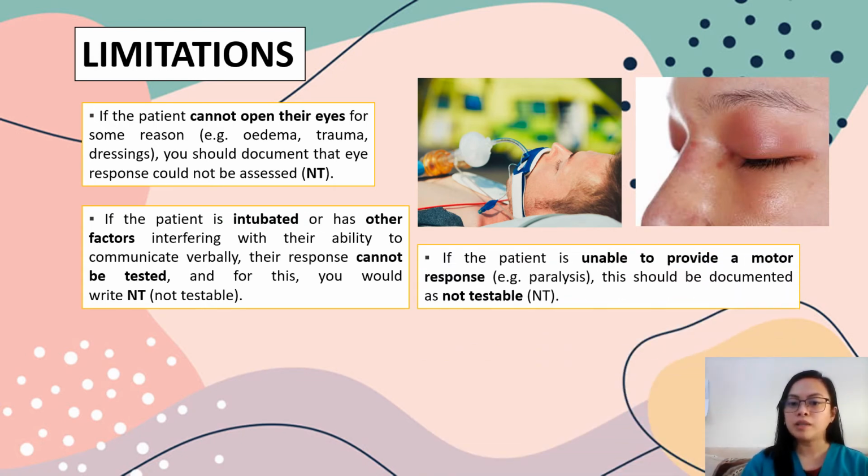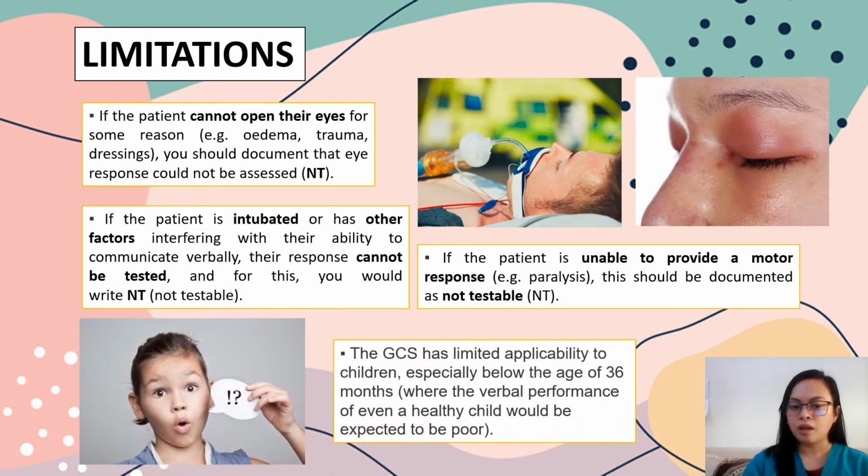For the motor response, if the patient is unable to provide a motor response, like being paralytic or having spina bifida, then this should be documented as not testable as well. Also for children below 36 months, where the verbal performance would be expected to be poor, it has limited applicability.